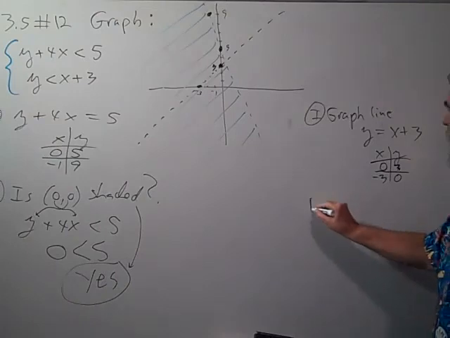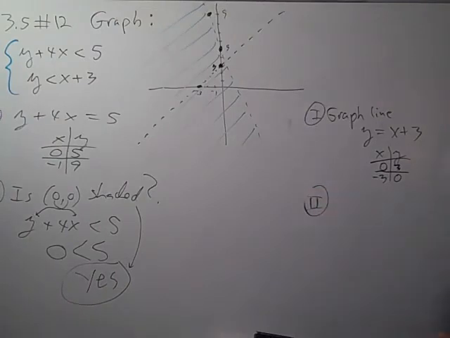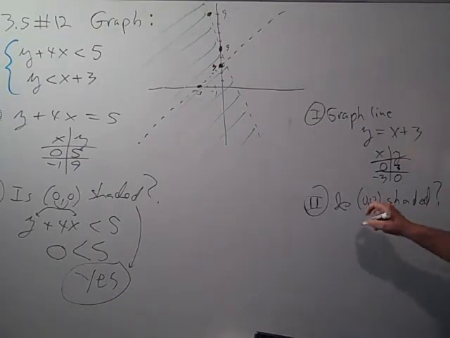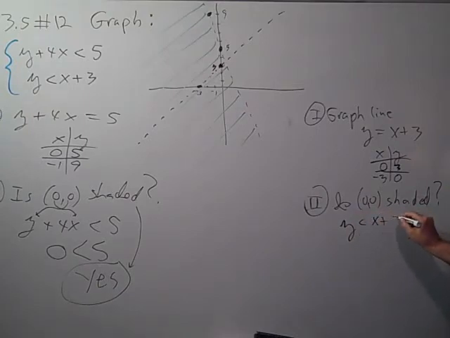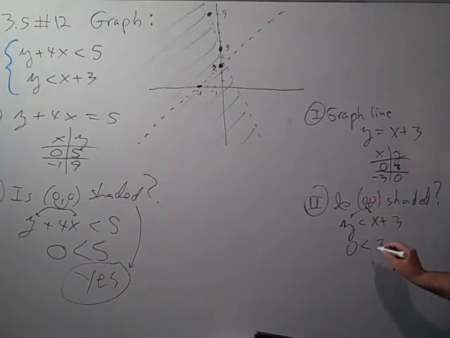And finally, we have to ask, which side of that line do we shade? So we can ask, is the origin shaded? Once again, we answer this by plugging x equals 0, y equals 0 into the original inequality to see if it's true. You get 0 is less than 3.